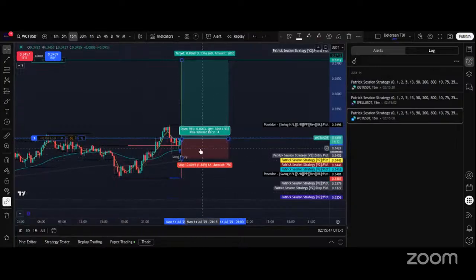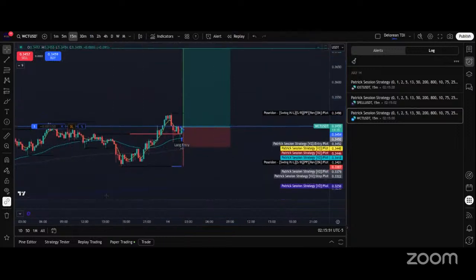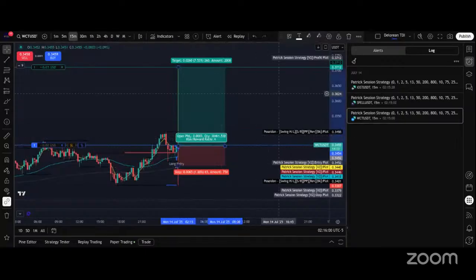Price is above the 50 EMA, the 200 EMA, and the 800 EMA, which confirms an uptrend. The buyers in control of the market. It's a wonderful entry. Let's go ahead and drop in these parameters real quick. And I will have this trade out to you shortly.